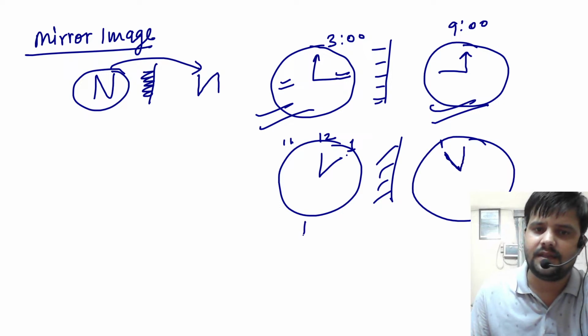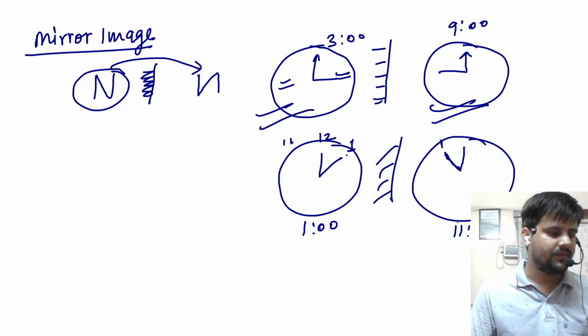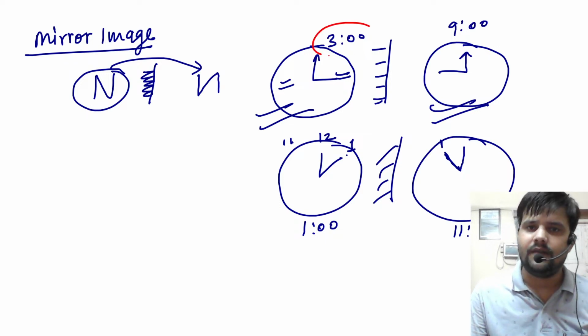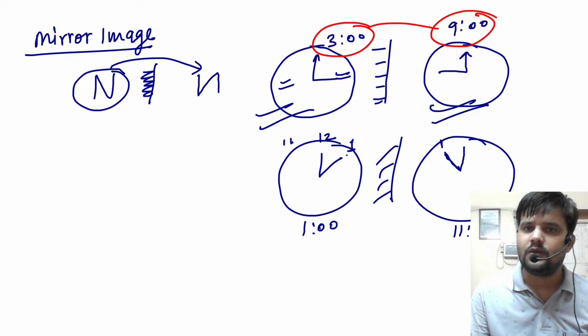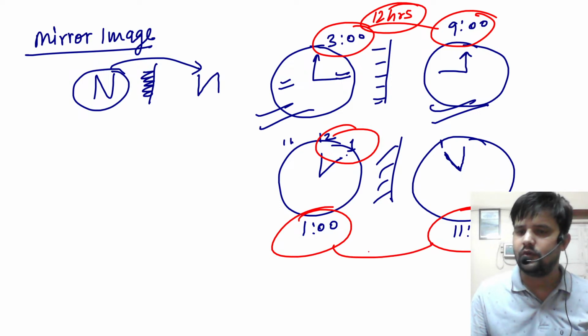The time we took was 1:00 and here the time we got is 11:00. So the logic here is that whatever time you show and whatever you get in the mirror, both add up to 12 hours, isn't it? Here it was 1, it is 11. So when you add both of them, it will give you 12 hours.